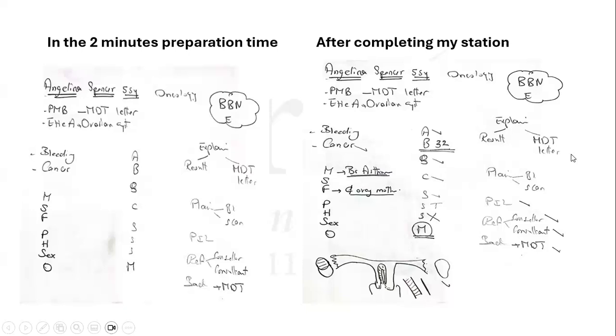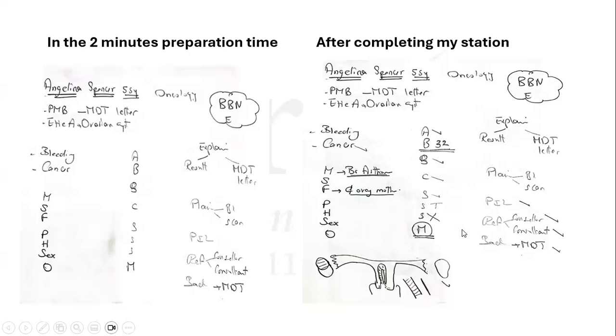So what I used to do, and I encourage you to do so, while I'm training or practicing each station, I used to do it in 9 minutes. And by the end of the station, I used to ask the patient if she has any other concern. At the same time, I will have a quick look at my template.